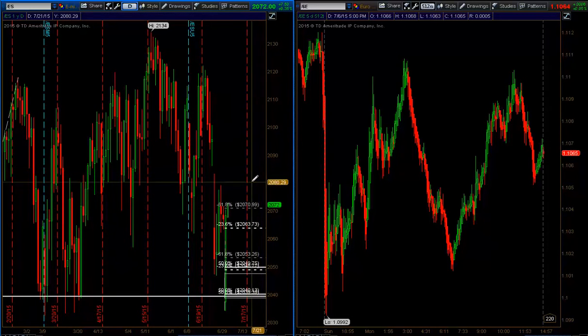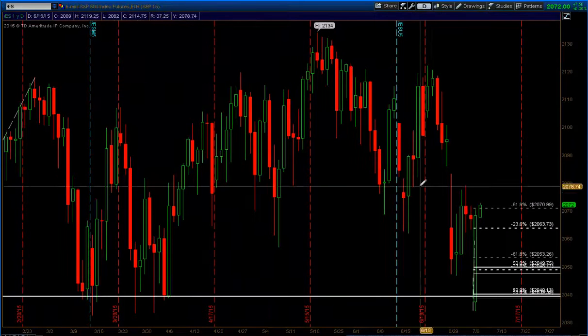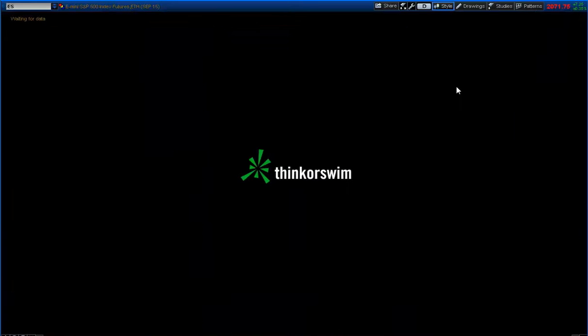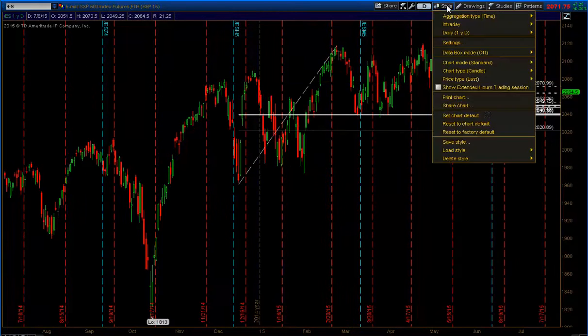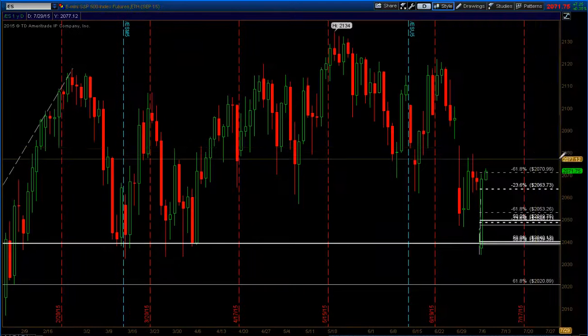So yeah, let's jump right into the ES. The Euro's been looking really good on the 512 tick chart, but let's start over here with the ES. Actually, I'll leave extended trading hours so we can see this move here.